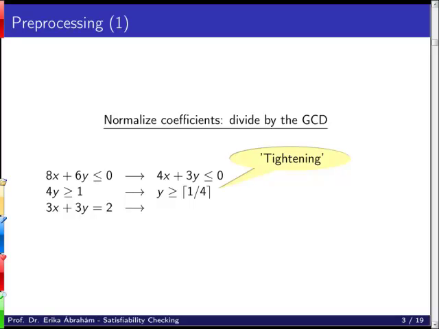I tried by dividing by common divisors of the coefficients. So in the first case, I could divide by 3. In the second, by 4. And here I can divide by? Exactly. So I can divide by 3, and I get that x plus y equals 2/3. And this is, of course, unsatisfiable. If x and y are both integers, then the sum can never be a non-integer value. So by reducing the constraints, I can already get some answers to the satisfiability question.